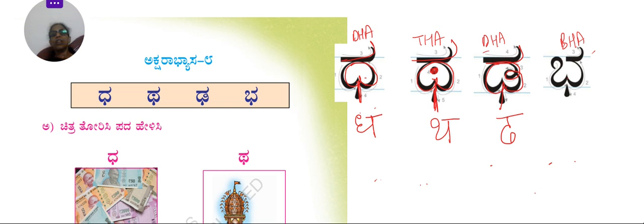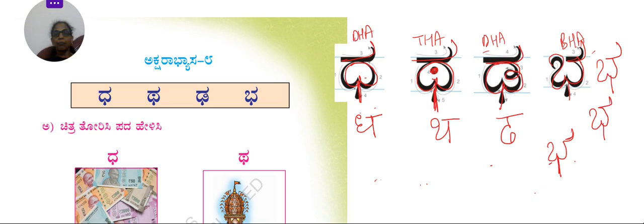And then this one is Bha. Again similar to writing Ba. You first write Ba, then you put a small talekattu here and put the line at the bottom. Then this becomes Bha. You start 1, 2, 3, 4.